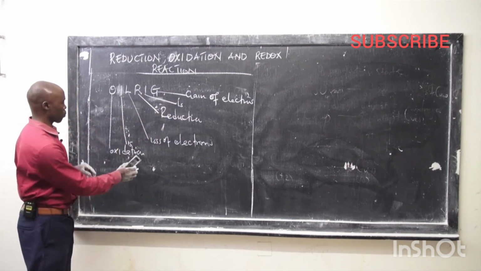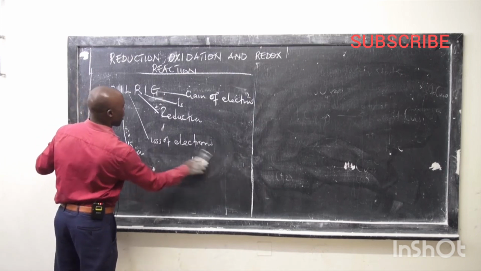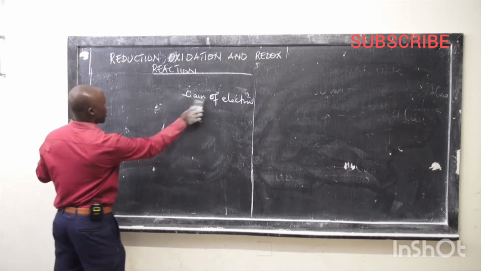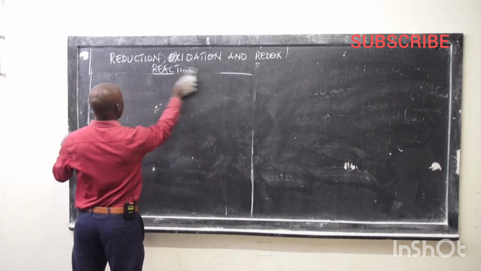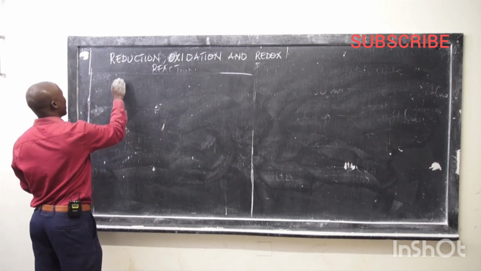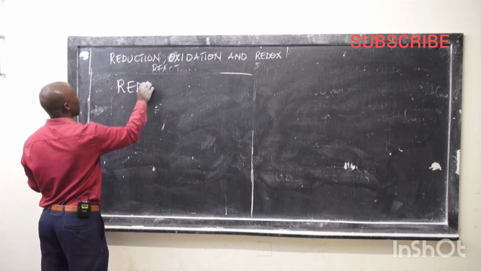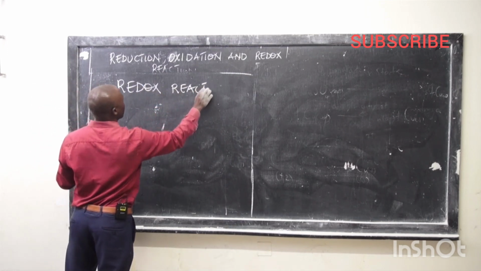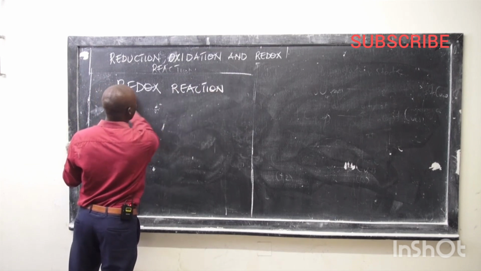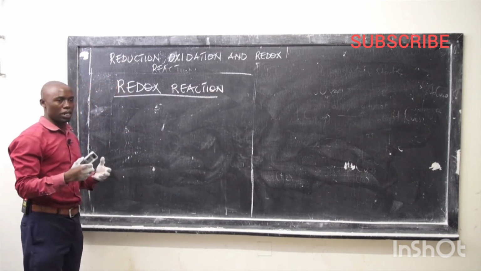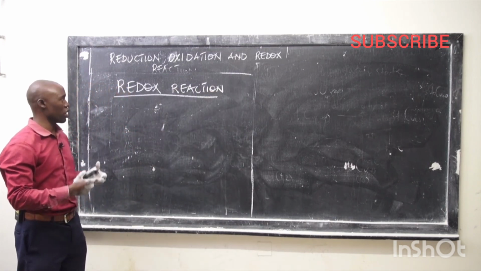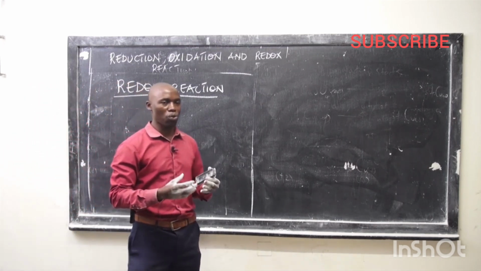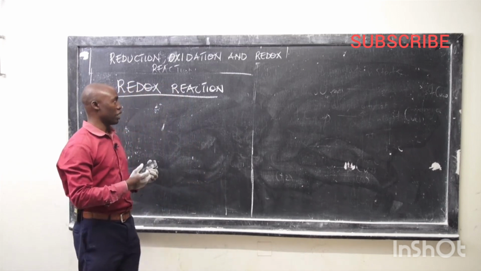But let's again talk about a redox reaction. Then in there we shall talk about the reducing agent and oxidizing agent. What is a redox reaction? Despite us discussing oxidation and reduction separately, it does not mean that the two work in isolation.